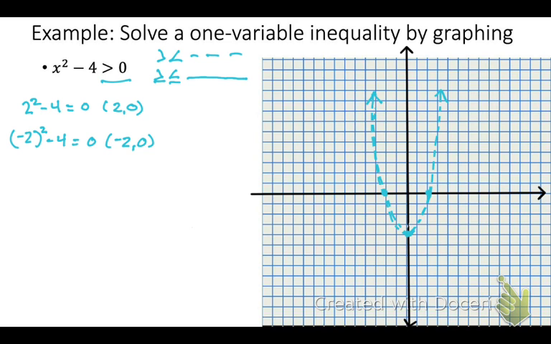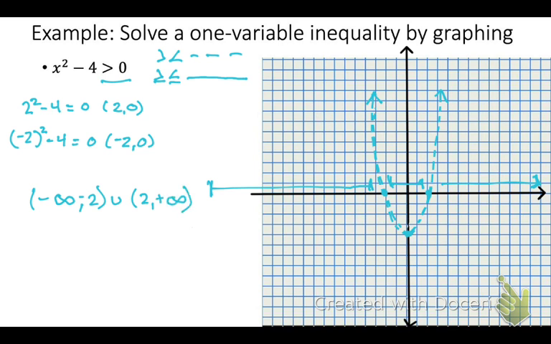So we're going to have negative infinity to here, and it stops, and here to here. Where is this above the x-axis? Negative infinity to negative 2, and 2 to positive infinity.